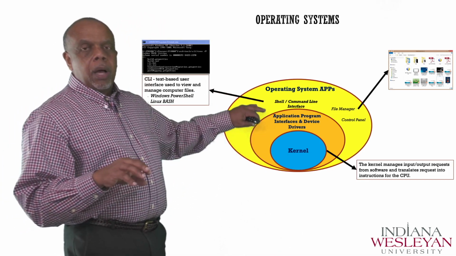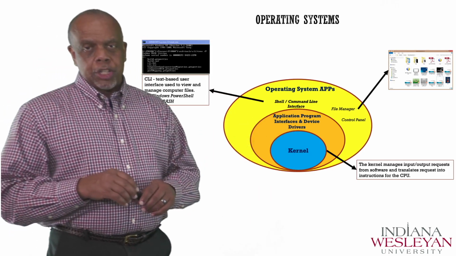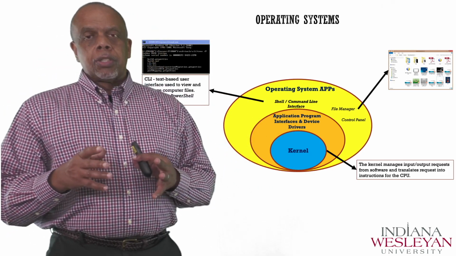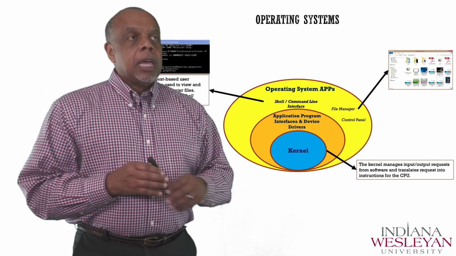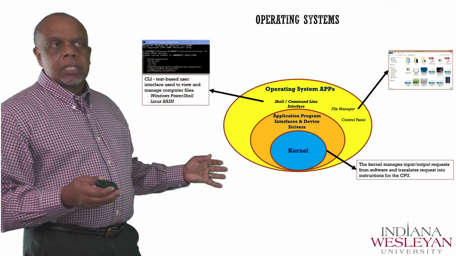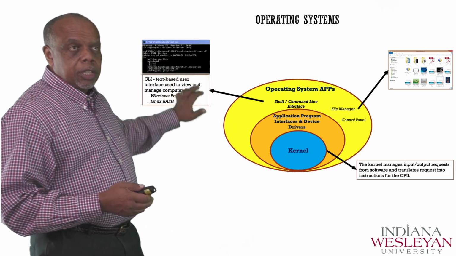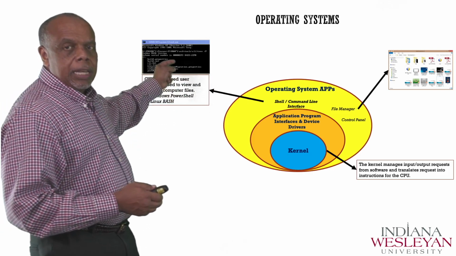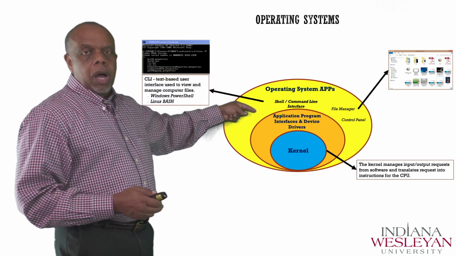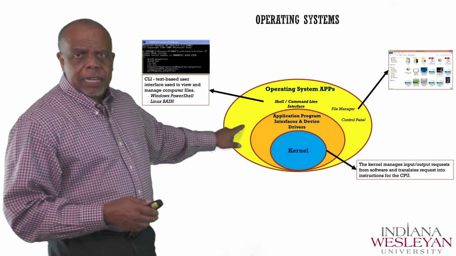Within this, we also have a command line or a shell, which is also what we call our command line interface. If you've ever worked with Linux or even Windows PowerShell, you've seen this look and feel, this kind of screen. This allows us as users to talk directly to this second layer.